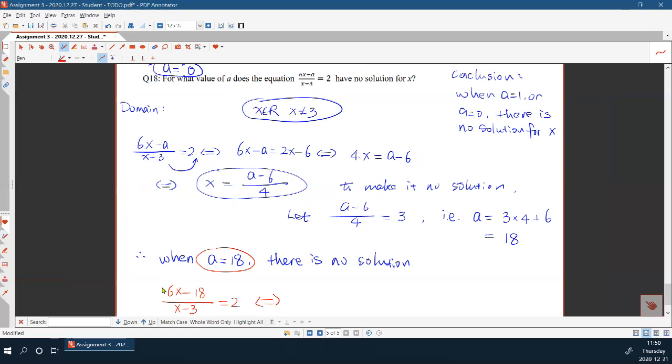When you try to solve this equation, it gives you this one, and it equals 2. When you cancel this, it gives you 6 equals 2. That is not true, right? So this verifies that when a is 18, there is no solution for x.